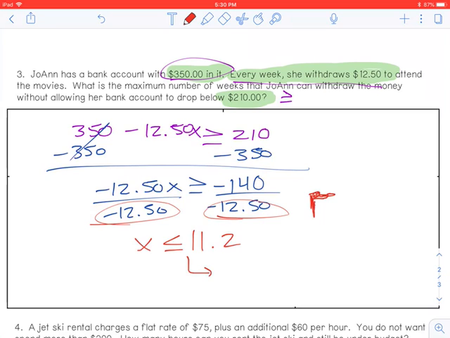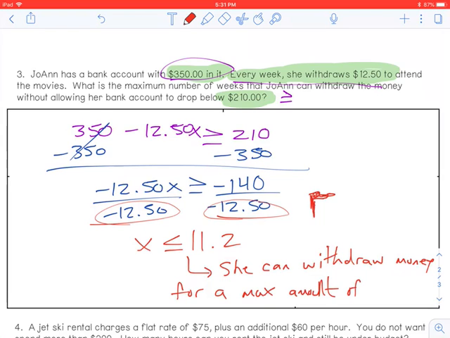So, in this case, it's again the question says, what's the maximum amount of weeks she can go? She can withdraw money for a max amount of 11 weeks.